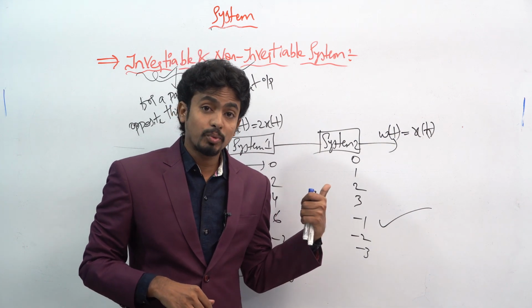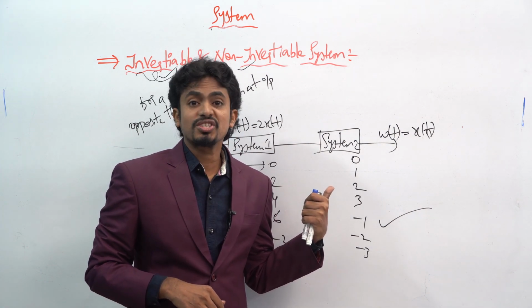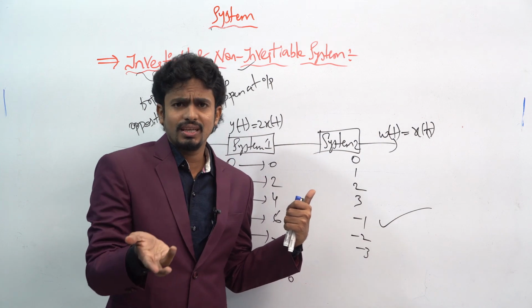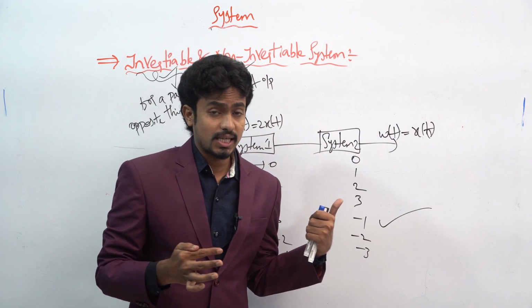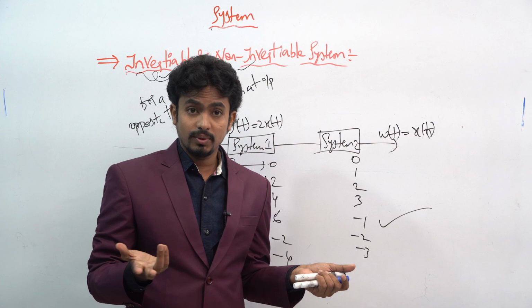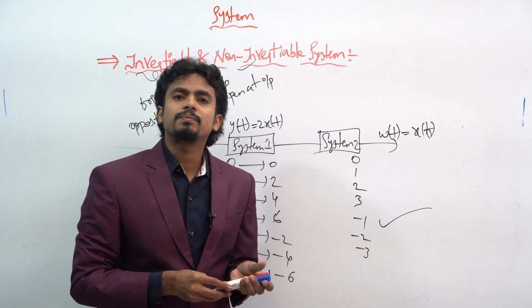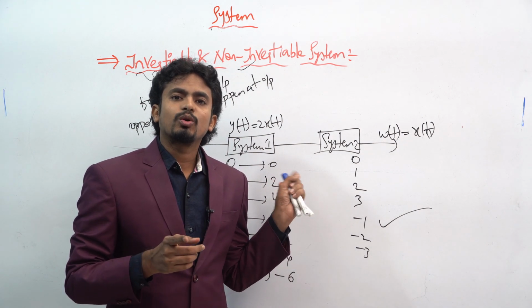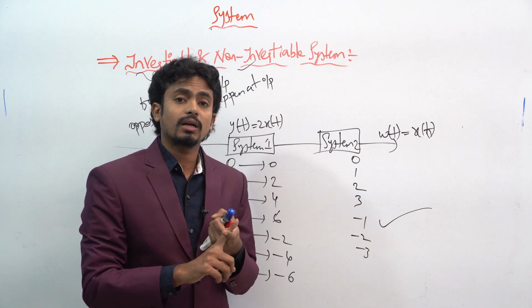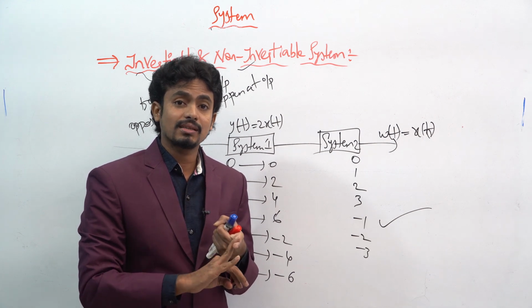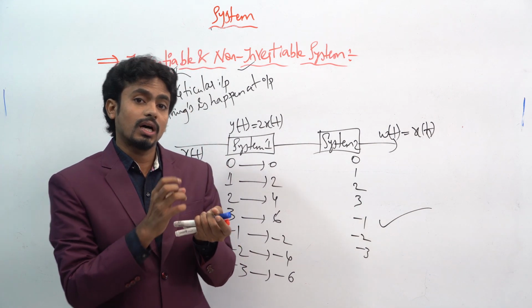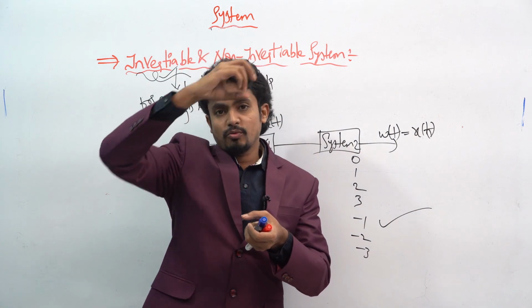The best example for this invertible system, you can see in digital electronics, that you have seen: encoder, decoder, mux, demux, right? There if you give 2 inputs you will get 4 outputs.